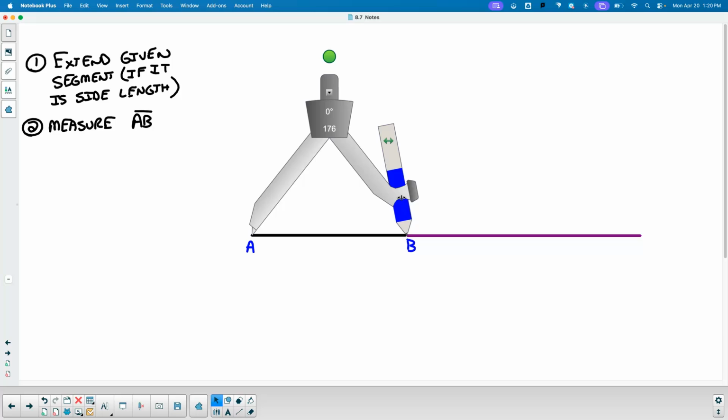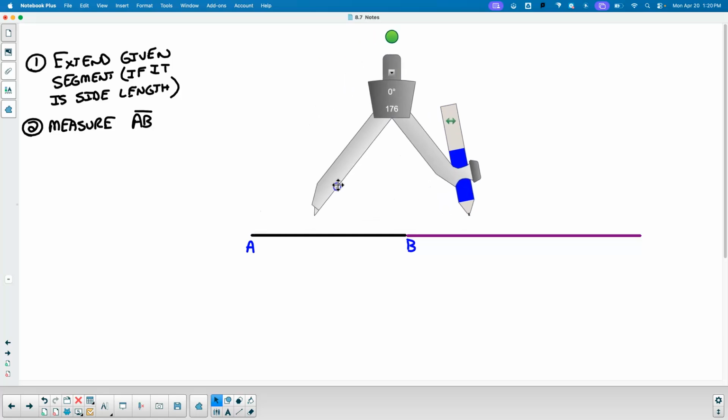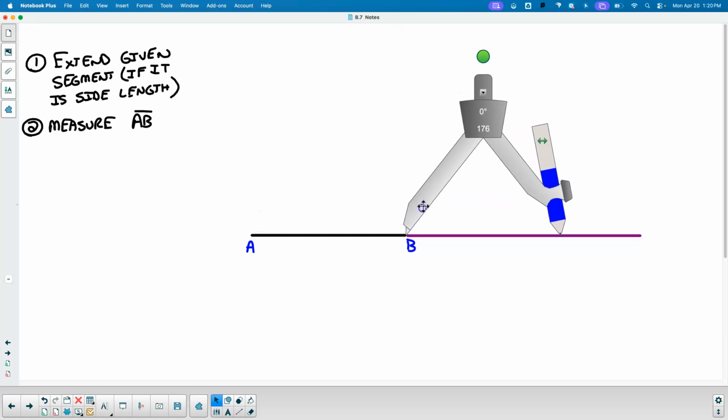Then you're going to go to the other side and mark, we'll call it point F.